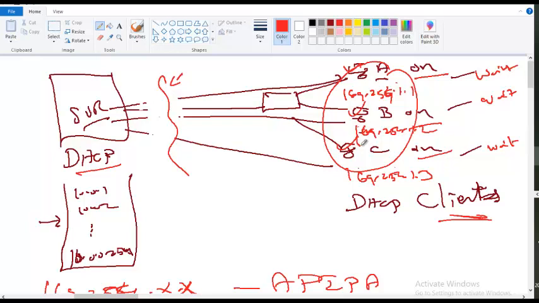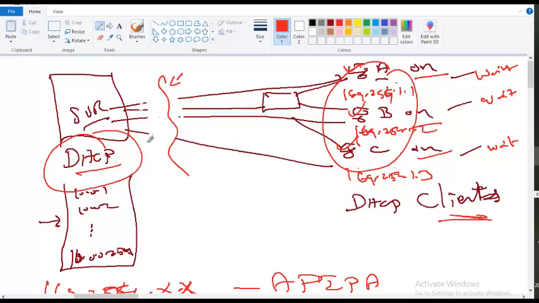And this address is not used for communication. This is just to tell that the DHCP server is not responding. Now you need to go and troubleshoot the DHCP server. You go and check whether this cable is fine. If the cable is broken, replace it with another cable.